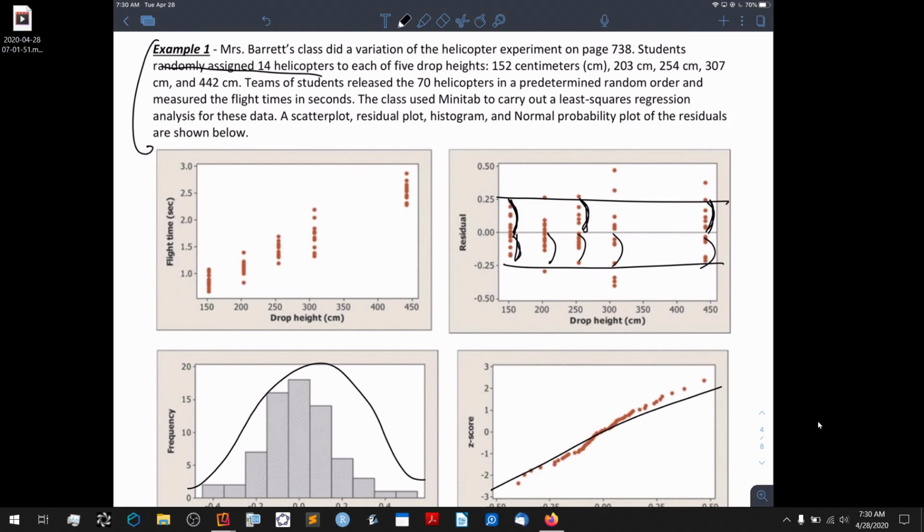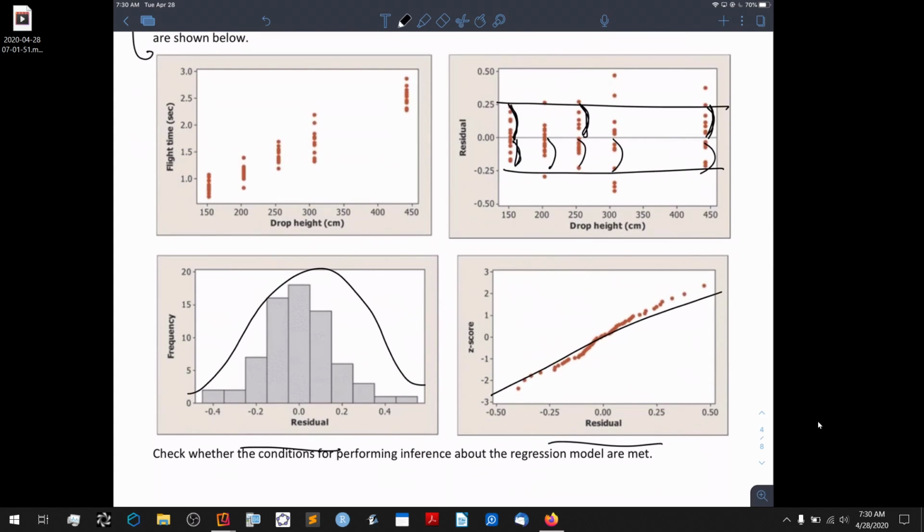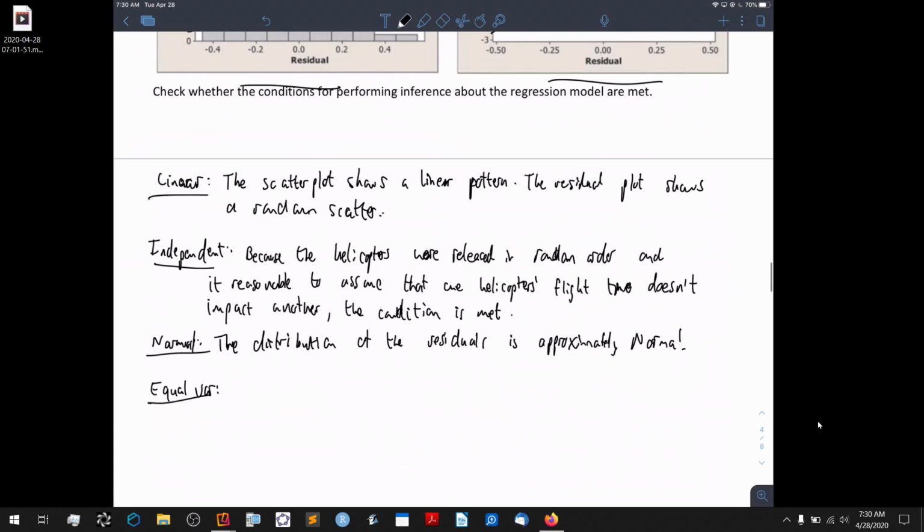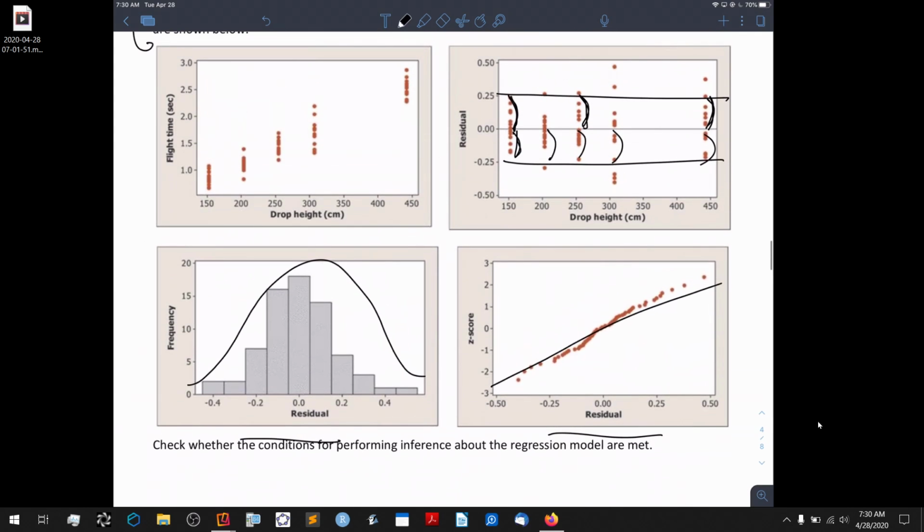So this is a condition that's very, very hard to meet. So what you can say is, we don't see any real problems for the equal variance condition.